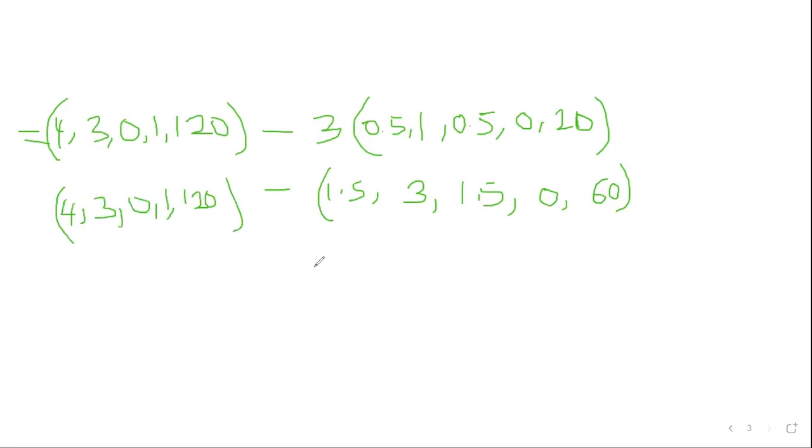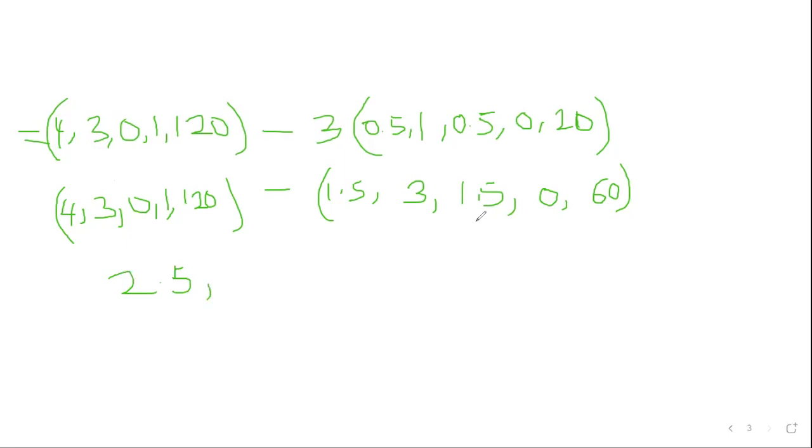So this is it. So we go ahead and now do each of the values here minus its corresponding value here. So we're going to have 4 minus 1.5, and that will give us 2.5, right?